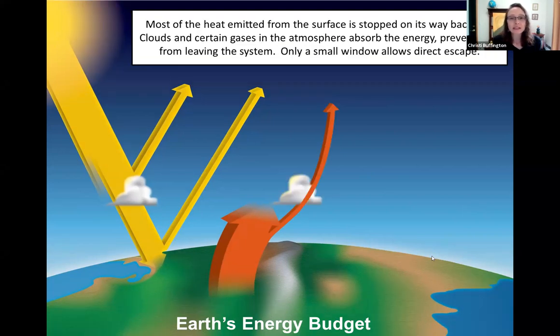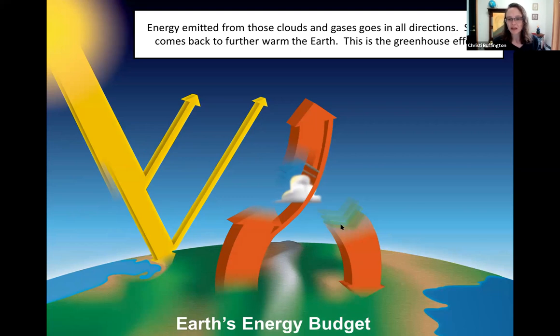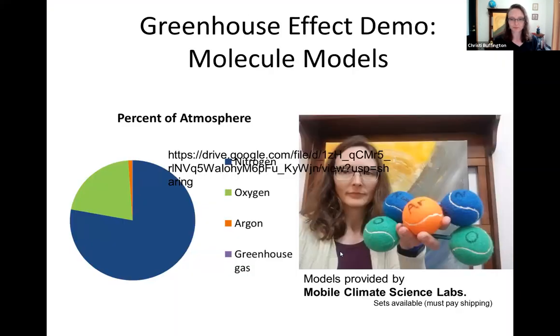So most of that heat gets stopped on the way out. Only a small window shown here in this tiny little orange line is allowed to just escape back to space. Most of it is reflected right back and re-radiated back to the lower atmosphere.